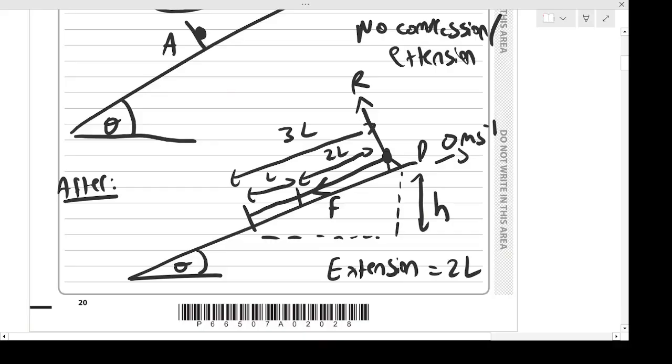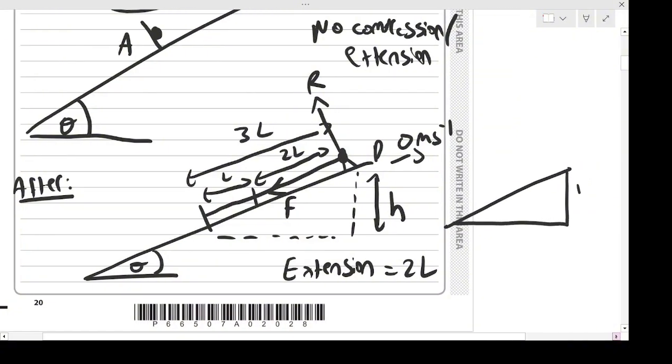To work out an expression for this, again, we're going to need to consider this sort of triangle. So this is h, this will be theta. Now, this distance is the physical distance we've moved up the slope. That's the distance travelled, the hypotenuse. Well, actually, it's 3L. We've moved by 3L from start to end. Hopefully you're happy with that.